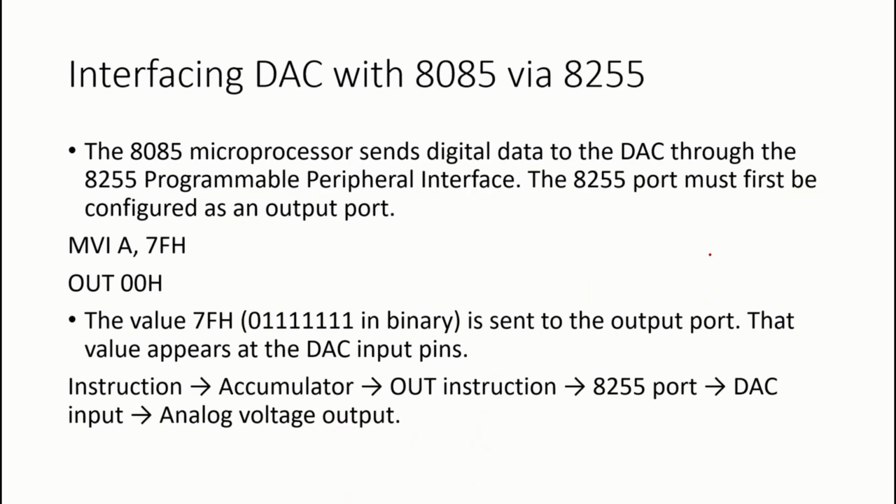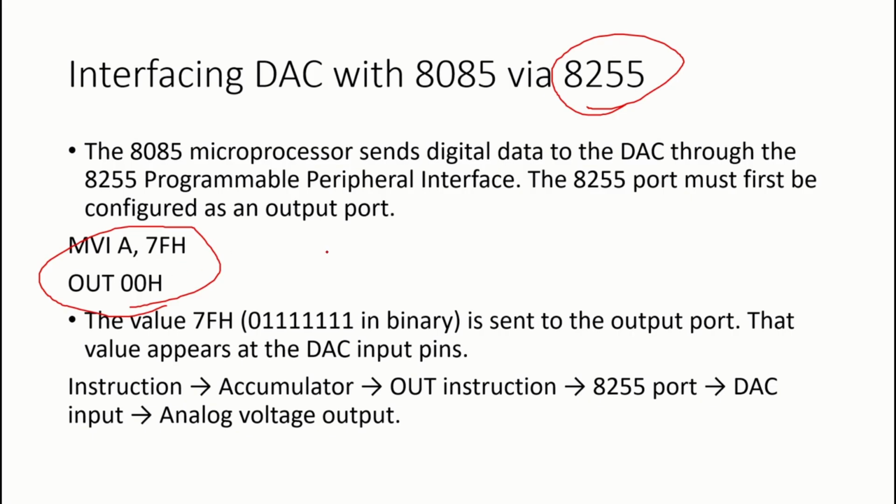Now we look at how to interface the digital to analog converter with 8085 through 8255, which is a programmable peripheral interface. Our 8255 port must first be configured as an output port in the experiment, and this can be achieved using this command. This is an assembly language mnemonic, MVI A, 7FH.